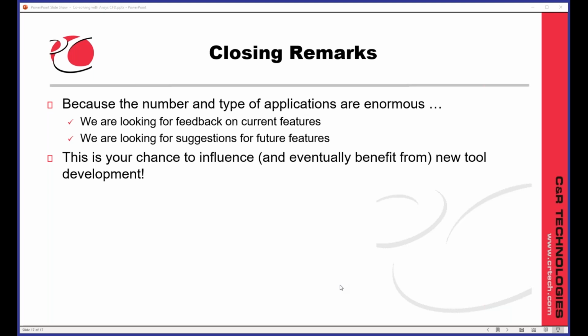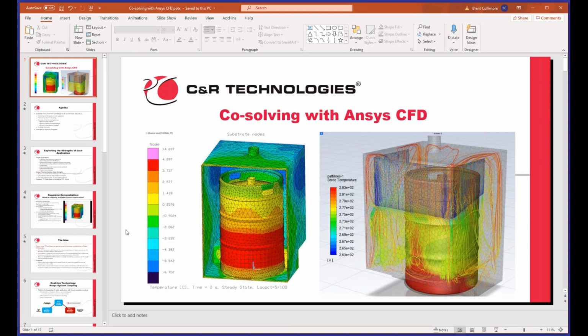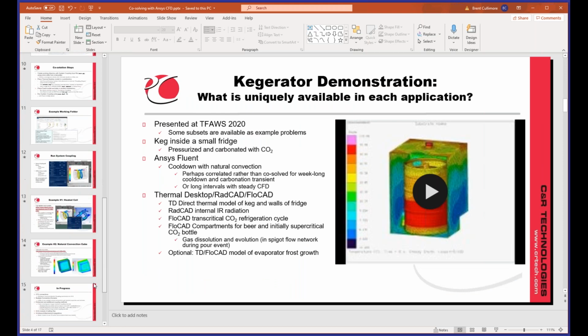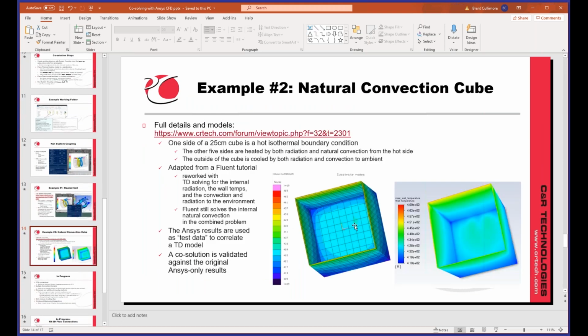Okay, so one question is, can it handle finite difference surfaces or just finite element surfaces? So that's an astute observation. Yeah, it pretty much just handles finite element. In other words, we're relying on system coupling, and system coupling doesn't speak finite elements, it speaks only finite differences. So you have to have a finite difference surface. And I guess I should go back to this example.